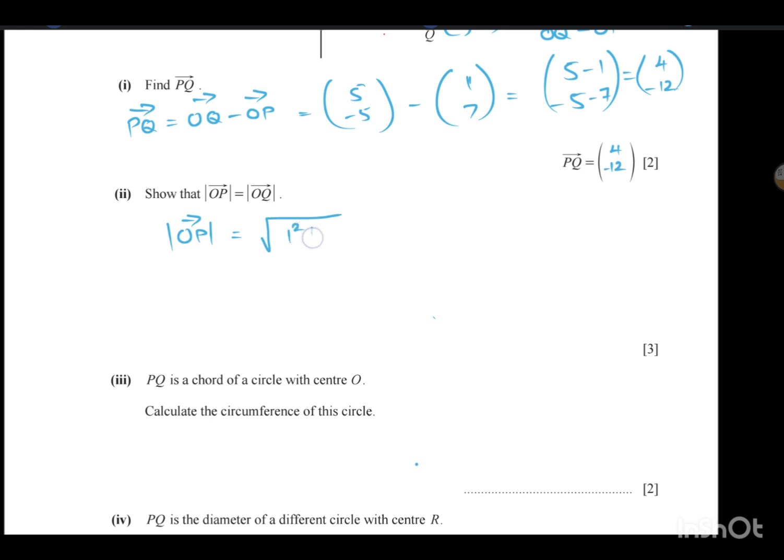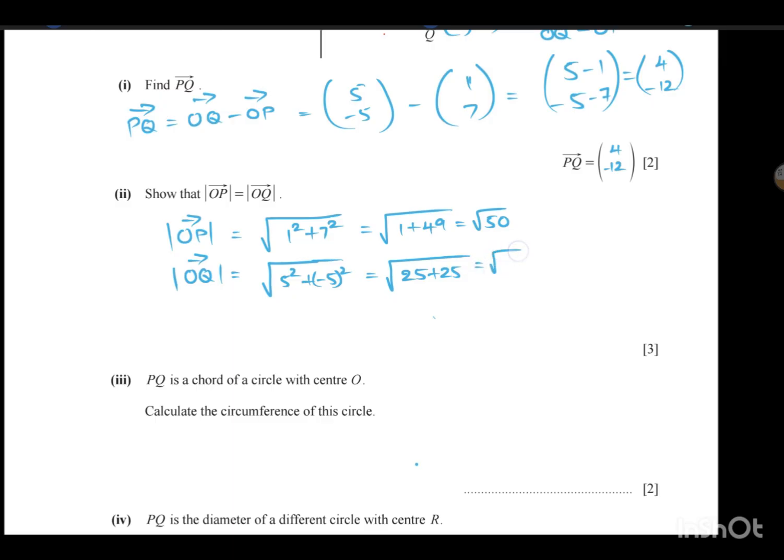So 1 squared plus 7 squared is the square root of 1 plus 49, which is root 50. Then magnitude of OQ is the square root of 5 squared plus minus 5 squared, which is root of 25 plus 25, which is root 50. So both values are the same. Therefore, magnitude of vector OP is equal to magnitude of vector OQ. This is done.